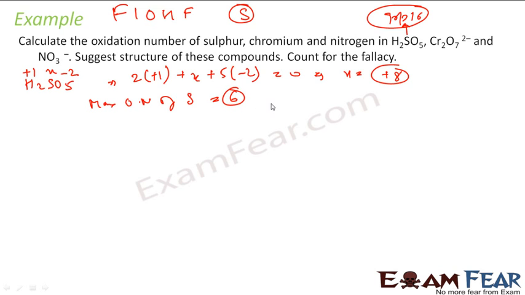Let's try to find the structure of H2SO5. So we have a structure like this, correct? Let's put the oxidation number of hydrogen OH, minus 2, minus 2, minus 2, minus 2. But if you put this, we'll again get the sulfur oxidation state of 8. So we have to make it minus 1 here, minus 1 here.